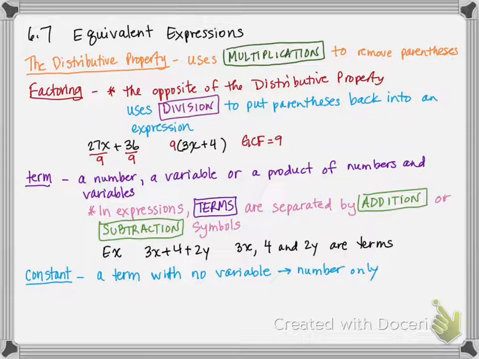So the best word for 4 is a constant. The reason why it's constant is 4 is always 4. Whereas x could be anything we want it to be. So that's why it's a variable, because it varies. All right, let's see what else we got.